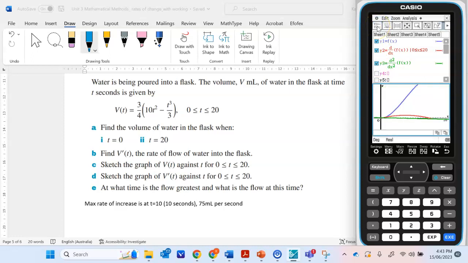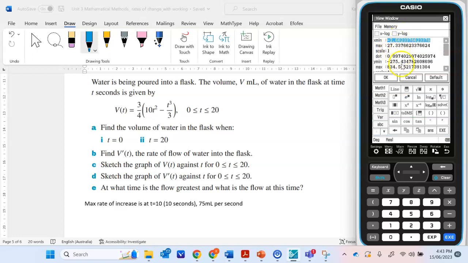All right, so if we sketched all three, see how it's quite hard to see the green graph? So we can change our y-axis. I'll do negative 20, maybe a bit easier to see.